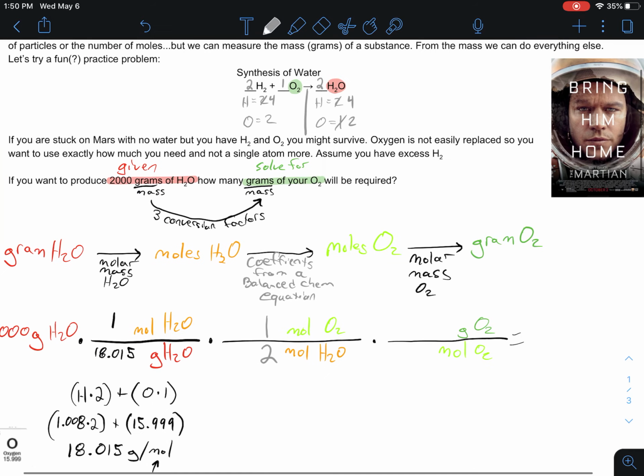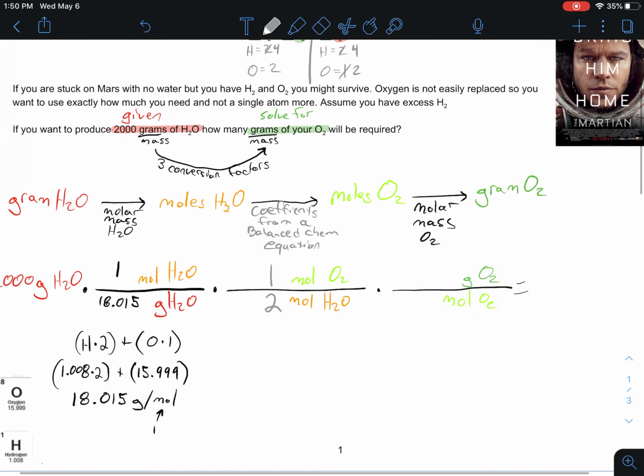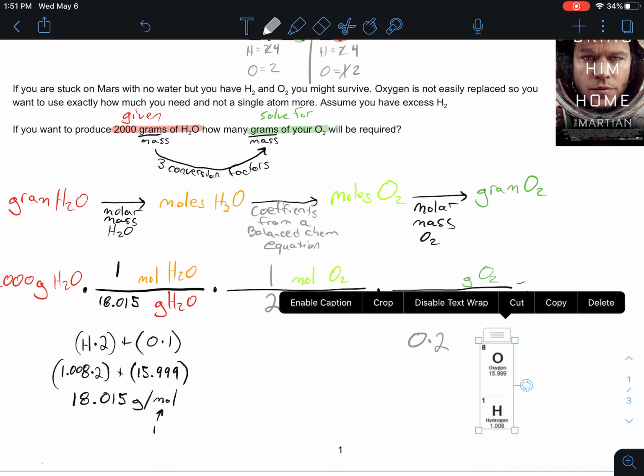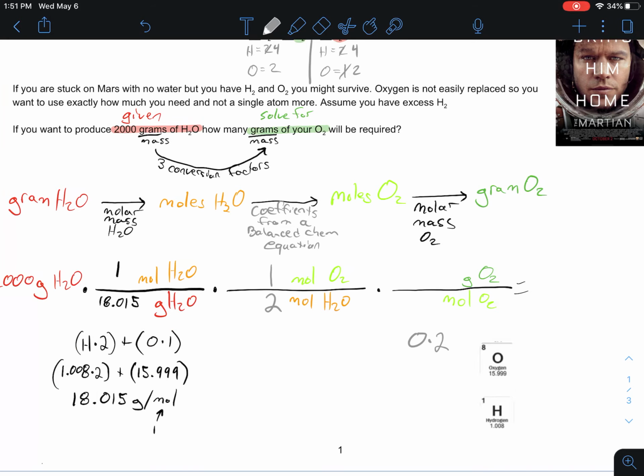Finally, molar mass of oxygen. Well, to do that, I need oxygen times 2, because in this case, there are 2 oxygens in every molecule of oxygen gas, or O2. So, again, I've got my periodic table, just what I need removed from it.